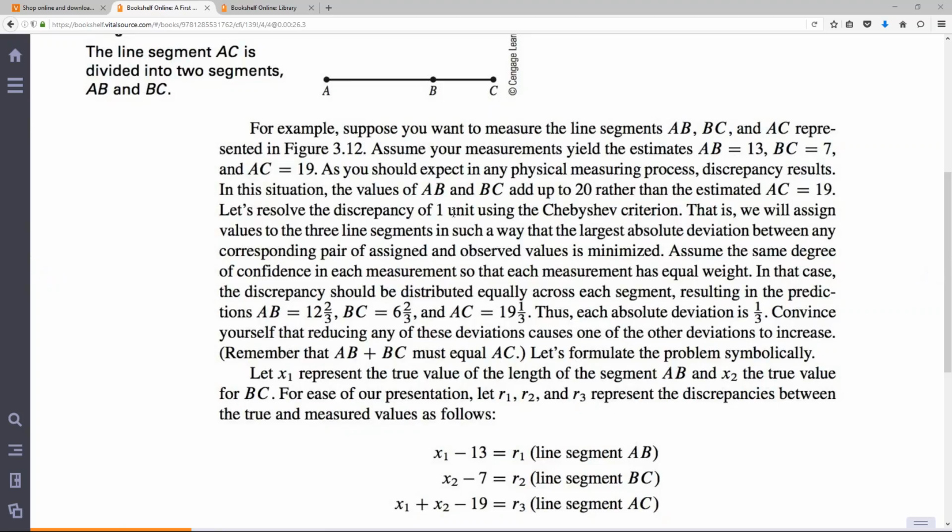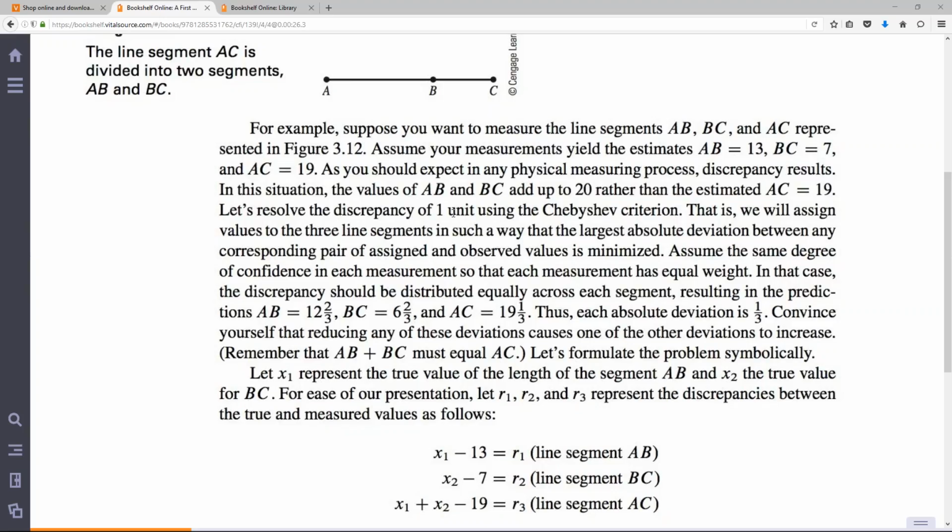So here, AB plus BC is 20, but AC is really 19. So you should expect in any physical measurement process, discrepancy results sometimes do happen, right? So in this situation, the values of AB and BC add up to 20 rather than the estimate AC equal to 19. Let's resolve the discrepancy of one unit using the Chebyshev criteria.